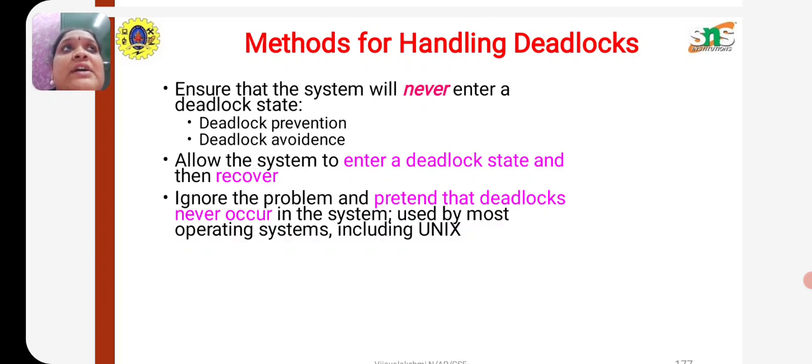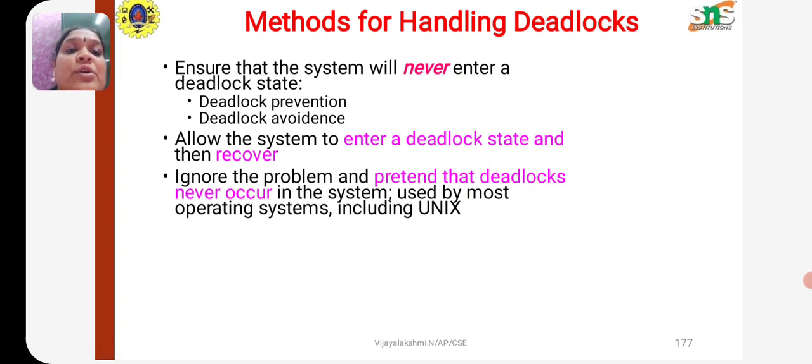The formation of deadlock is very tough, but if it happens, we need some prevention measures to release that deadlock. It won't occur, but if it has occurred, we need some method. So one of the methods is called deadlock prevention, and how we can avoid deadlock.